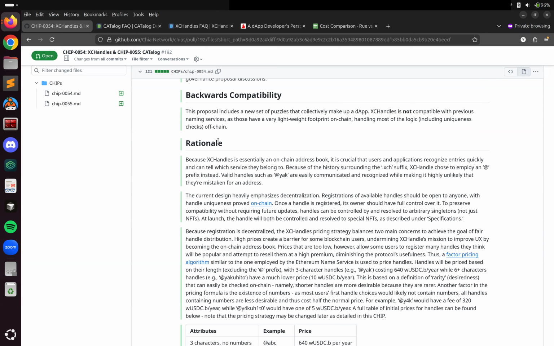But that poses a problem in the long term because people are seeking profit all the time. So what will happen if you have no cost for registration whatsoever is someone will come in, register all the popular words, then start registering the 2-letter handles, then the 4-letter handles, and so on, and then they'll try to sell them for profit.